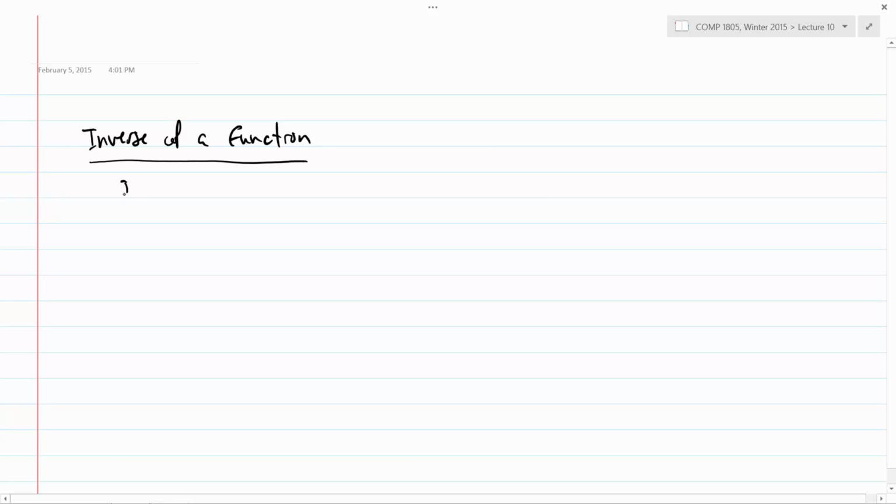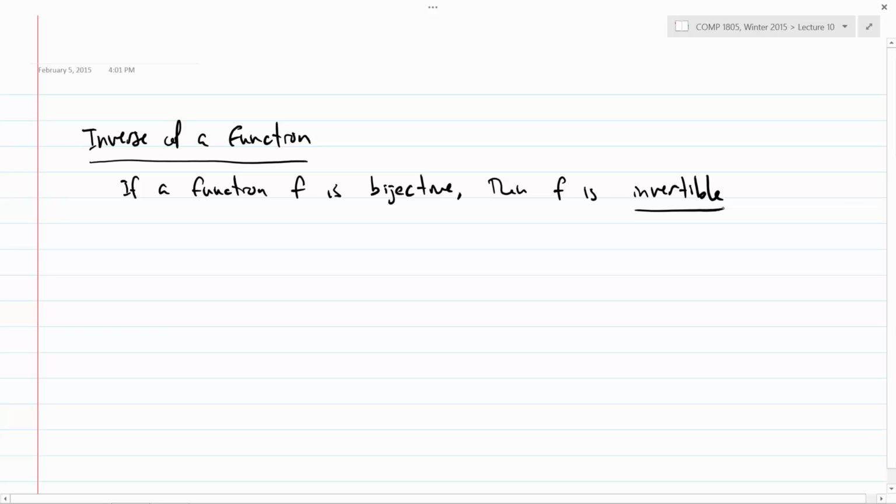So if a function, let's say f, is bijective, then it's invertible. Which means it has something that we'll call the inverse. The inverse is denoted by f to the minus 1, right?